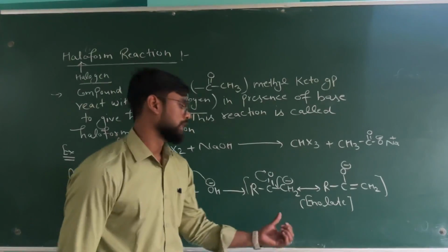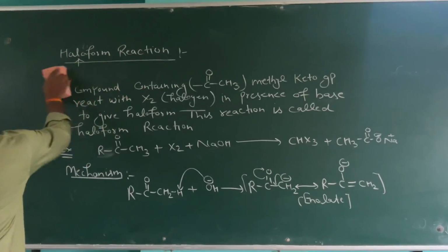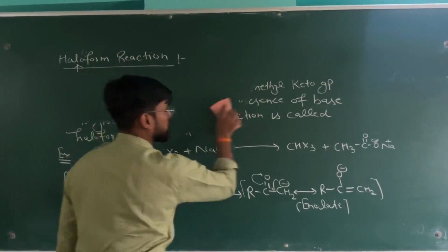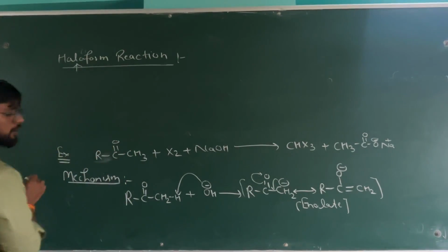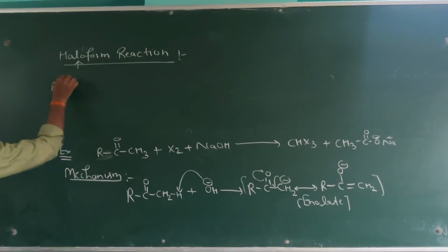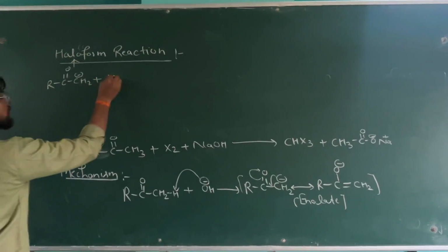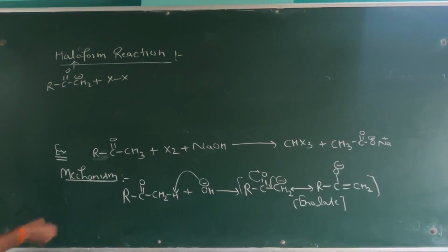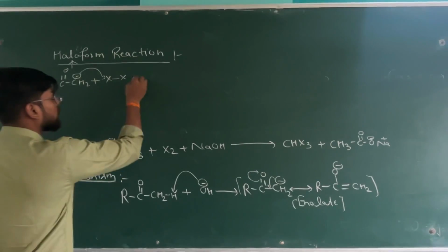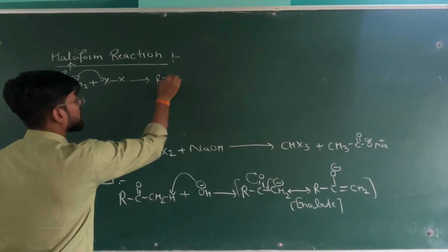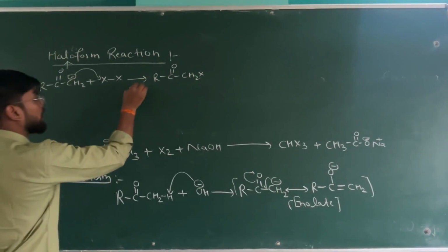For the second step, this acts as a nucleophile. R-C double bond O, CH2 minus, plus X2. This acts as a nucleophile and attacks through the back side of the halogen, giving R-C double bond O, CH2X, and removing X minus.